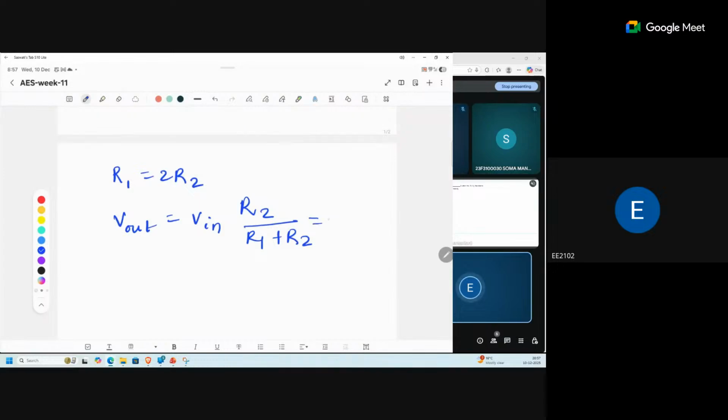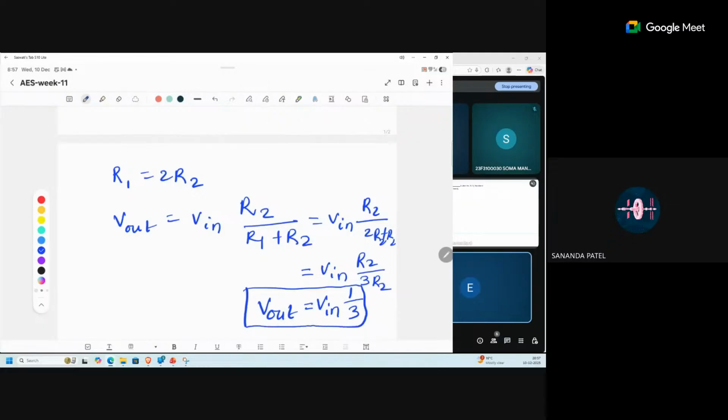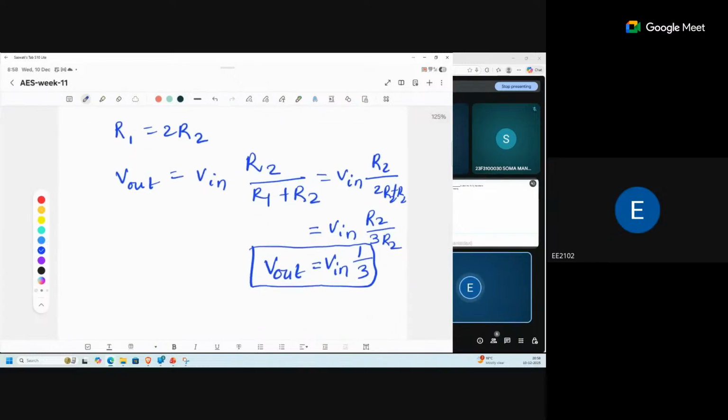So I can write V in times R2 over 2R2 plus R2, which is V in times R2 over 3R2, which is V in times 1 over 3. This is V out. Yes, ma'am, till here I am getting it. After that I am not able to proceed.